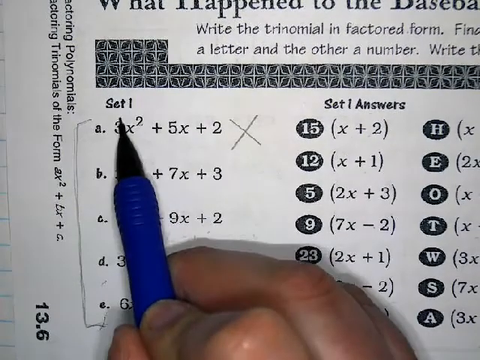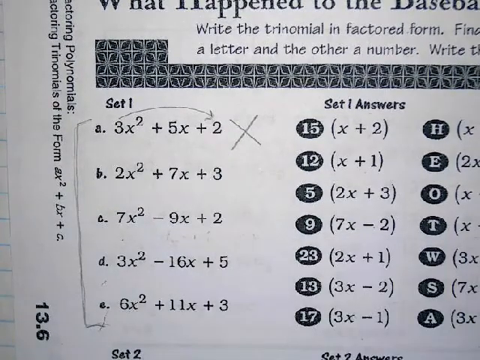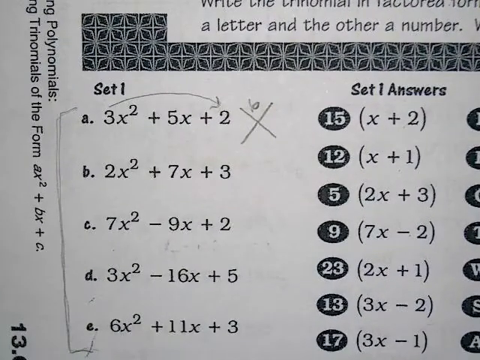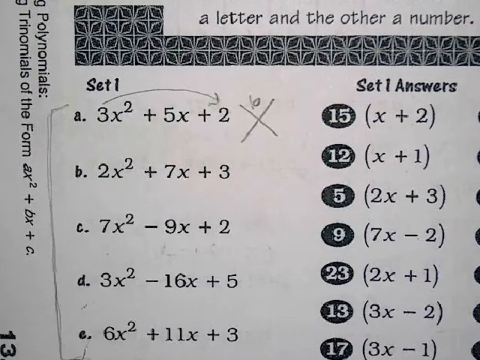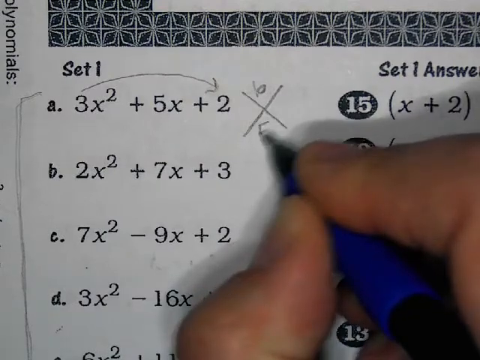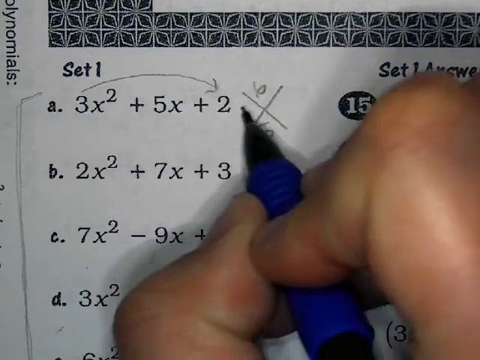So we're looking for 2 numbers that multiply to 6 and add to 5. What are the numbers that multiply to 6 but add to 5? 3 and 2. Okay. So we have x plus 3, x plus 2.